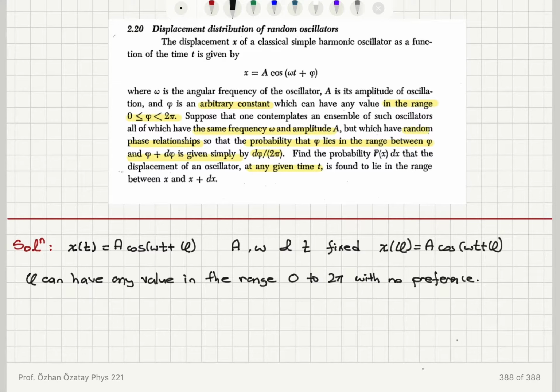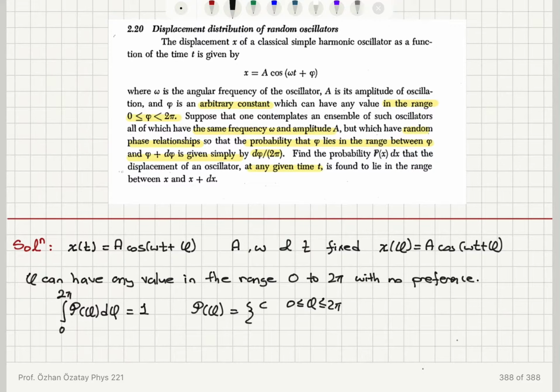So therefore, if you consider the probability distribution function integrated from 0 to 2 pi, probability distribution function d phi, this should be equal to 1. And since there is no preference, the probability distribution function should be a constant c for phi between 0 and 2 pi.